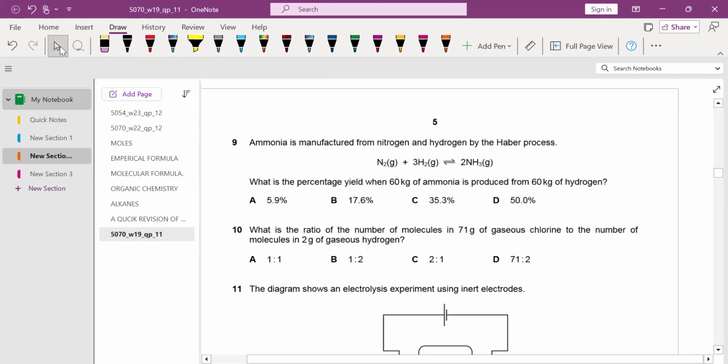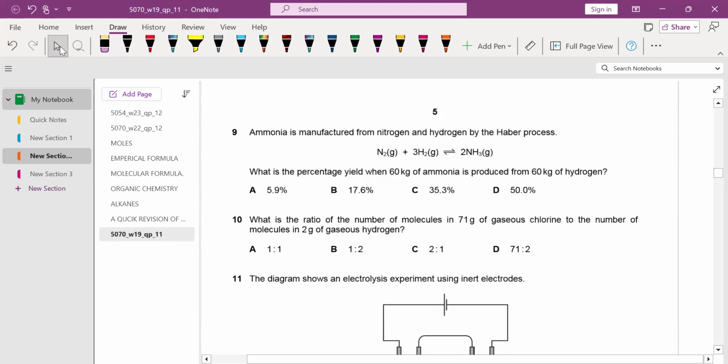Question number 9. Ammonia is manufactured from nitrogen and hydrogen by the Haber process. What is the percentage yield when 60 kg of ammonia is produced from 60 kg of hydrogen?